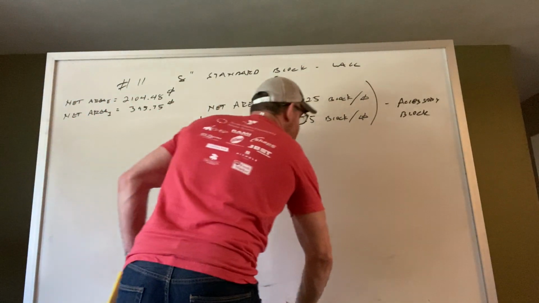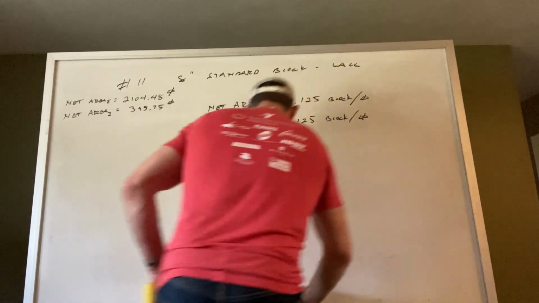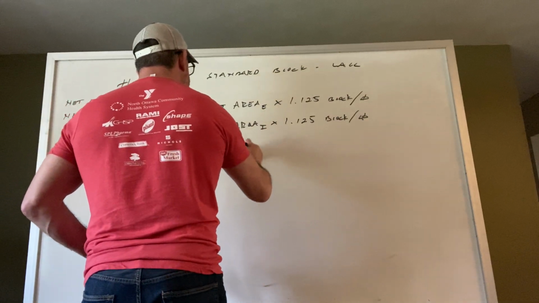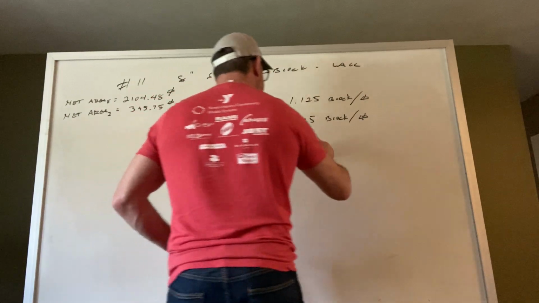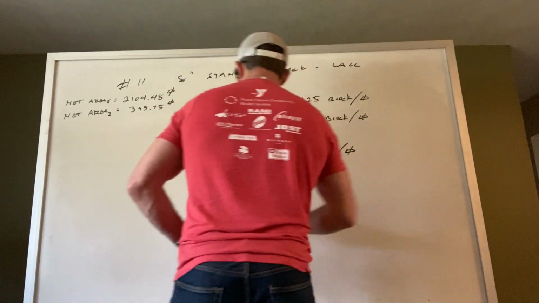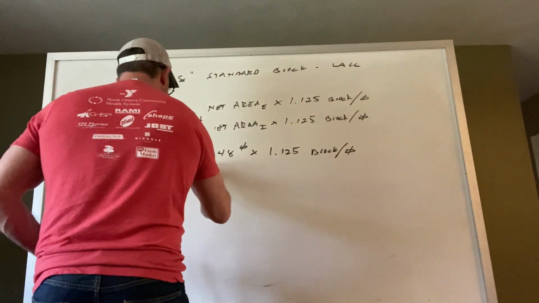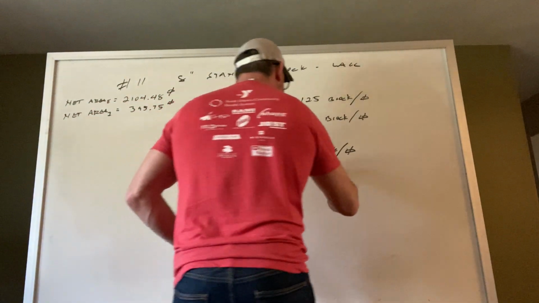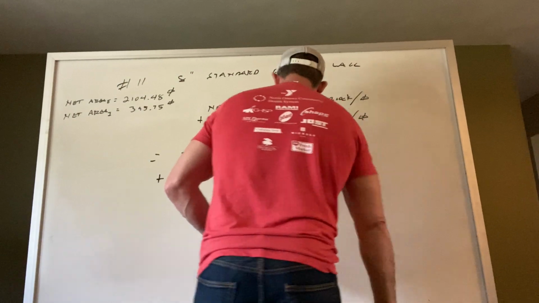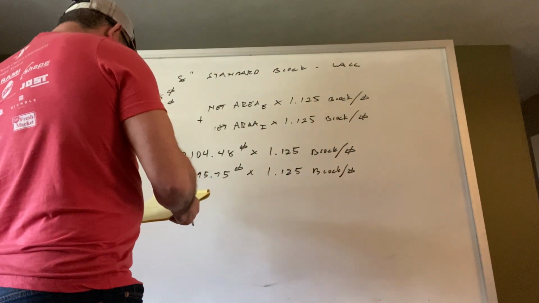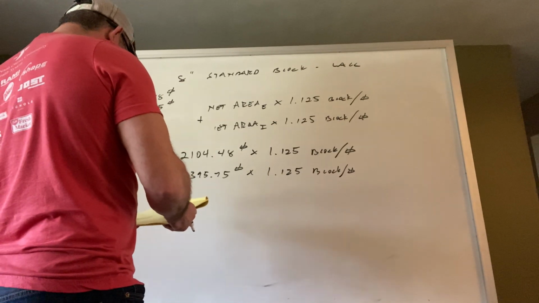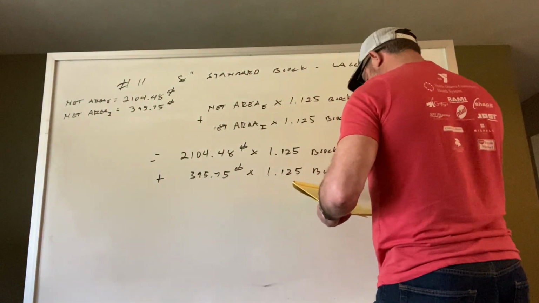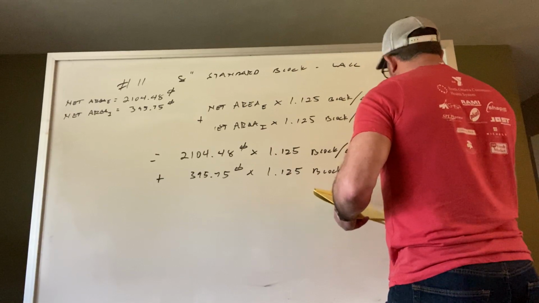And again, just taking this out just so that we can see it. So that is going to equal my 2104.48 square feet times 1.125 block per square foot plus 395.75 square feet times 1.125 block per square foot. So we are going to get 2367.54 what?